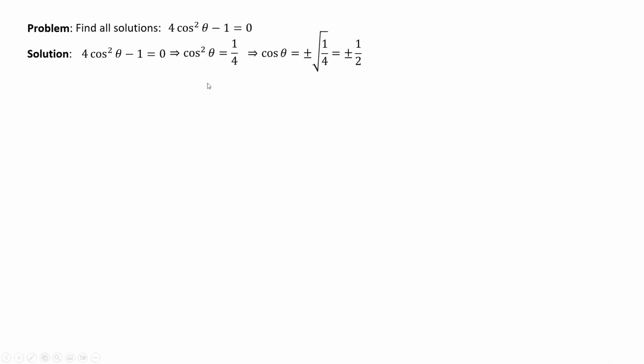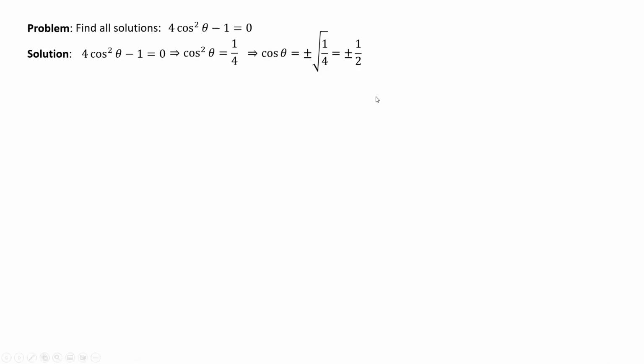Aha. So please pay attention to this. By giving the problem this way, what they are saying is, now solve the equation cosine theta equals positive 1/2 and cosine theta equals negative 1/2. Both of them. What all values of theta will satisfy cosine of that theta to be positive 1/2 or negative 1/2?